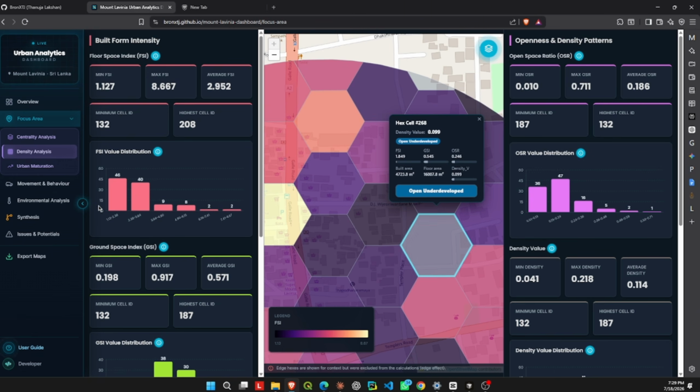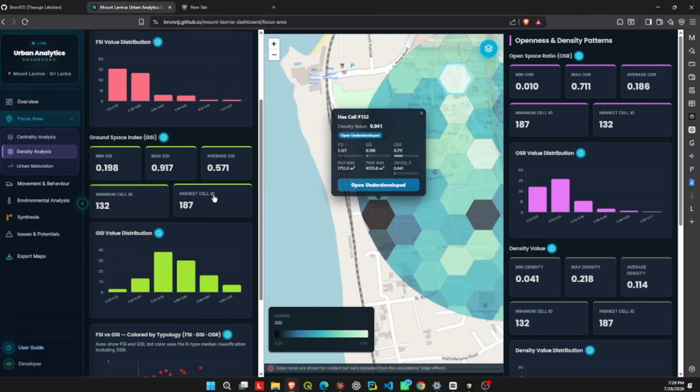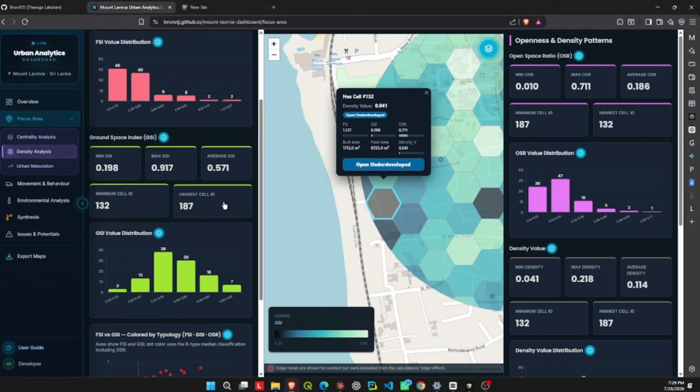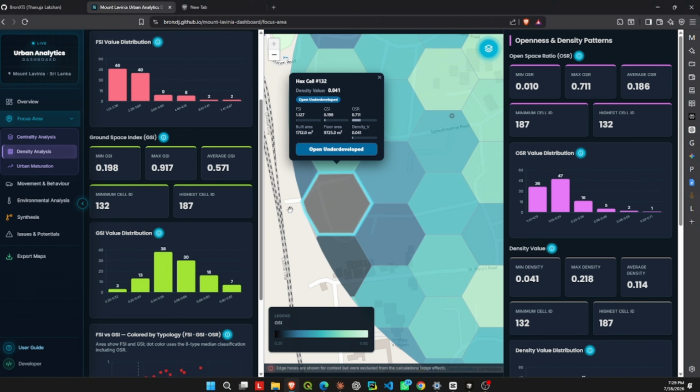And in the GSI summary cards, again we can analyze the highest and the lowest ones. These are related to the Okanda temple area, which is kind of open area. There's a ground here and a school, so that's why the ground space index is very low.